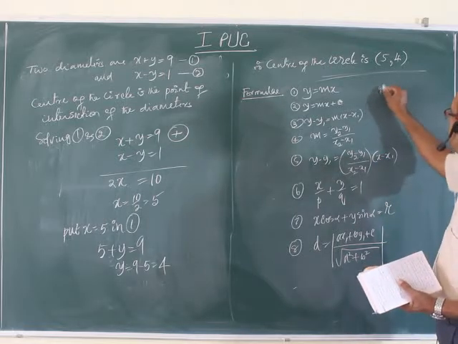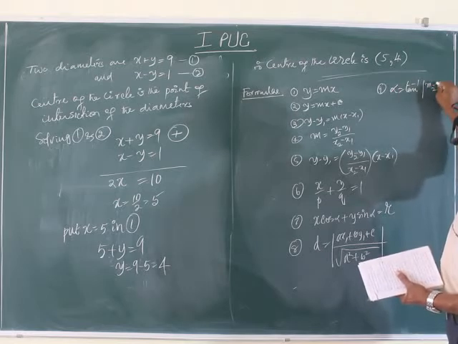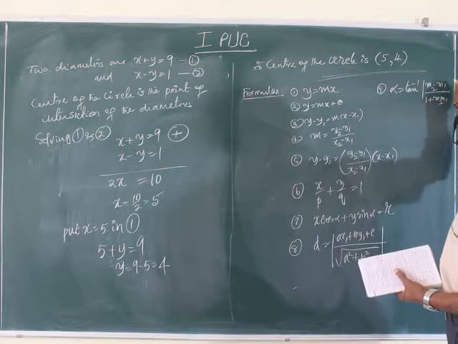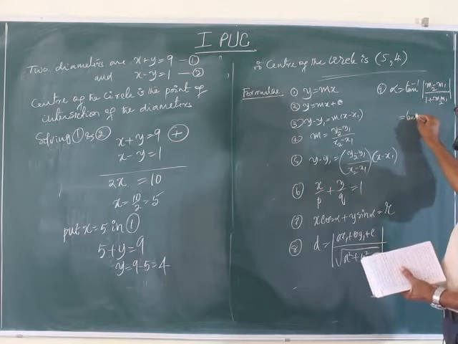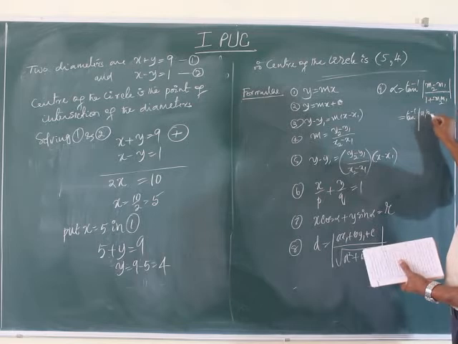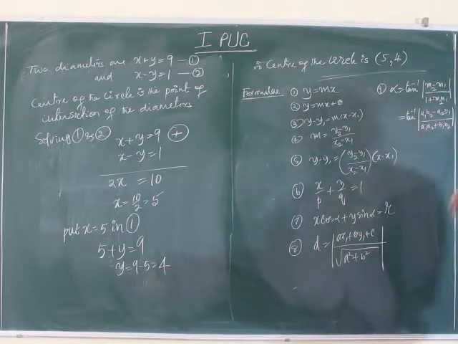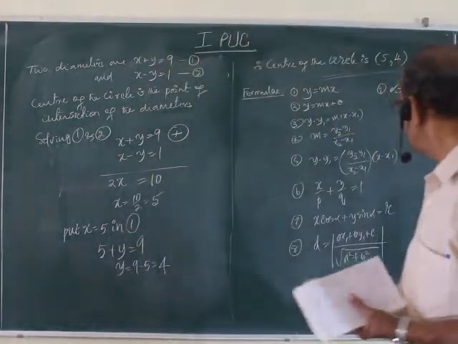These are the formulas I studied there. alpha equal to tan inverse of m2 minus m1 by 1 plus m2 m1. Or you have one more formula, tan inverse of a1 b2 minus a2 b1 divided by a1 a2 plus b1 b2. Both are the formulas for angle between the lines. Correct, no? Any other formula?